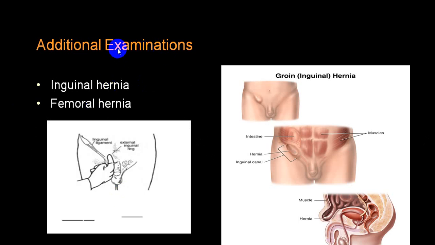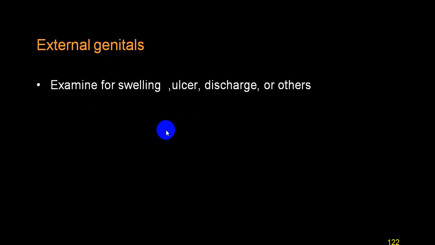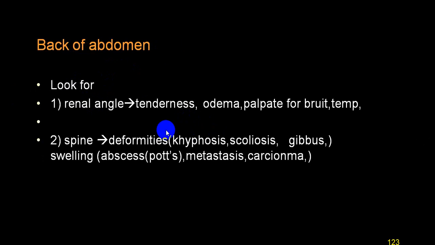In an abdominal examination, inguinal hernia and femoral hernia examination is included, and examination of external genitals should be done thoroughly. And at the renal angle, look for tenderness, edema, swelling, redness, warmness, and also palpate for a bruit in a case of a renal artery stenosis.